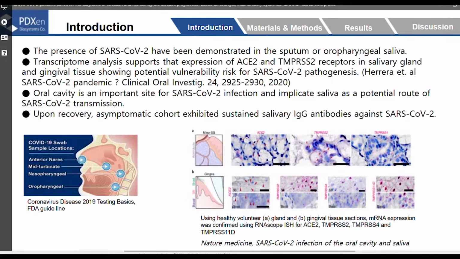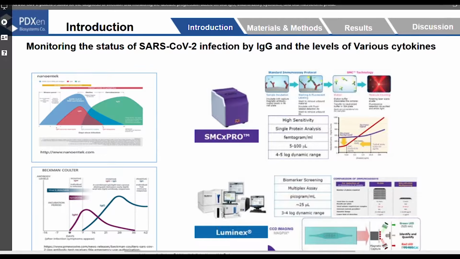So the virus infects there, then moves to the throat, then to the lung, and then causes severity. For the IgG levels, at first infection IgM increases, and later IgG increases, and combined together they highly express various cytokines.